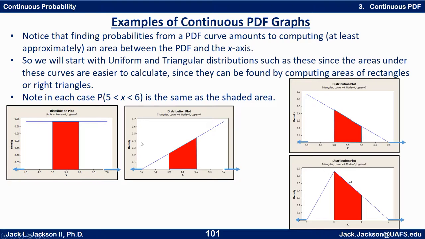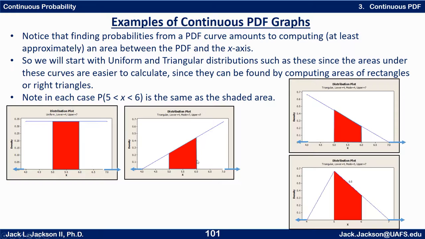We're also going to do some triangular distributions, like this one here, or here, or here. And notice here, it's also fairly easy to do. You know the big triangle is area 1. That's going to allow you to find a formula for that line. And then you could find this area here, which is actually a right trapezoid. You can find it using a formula for a right trapezoid if you want, but it's probably easier just to think of it as 2 triangles.